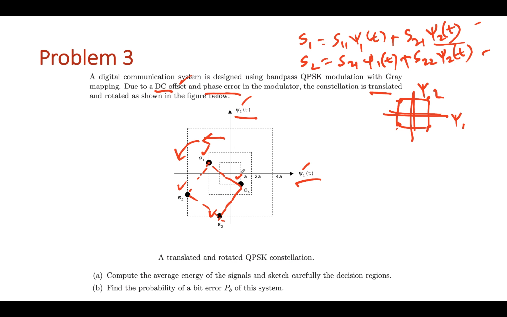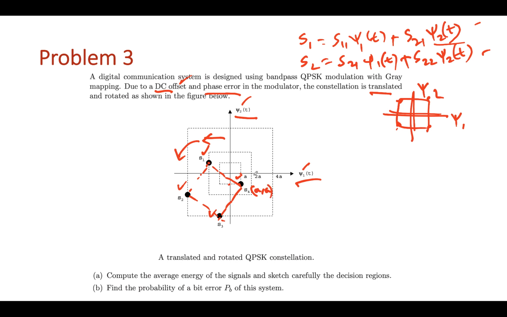So this square is A. Therefore S4 has a psi 1 coordinate that is A, and a psi 2 coordinate that is also A actually.